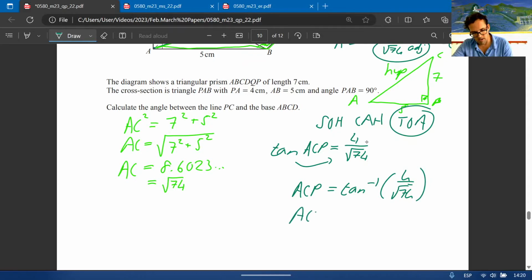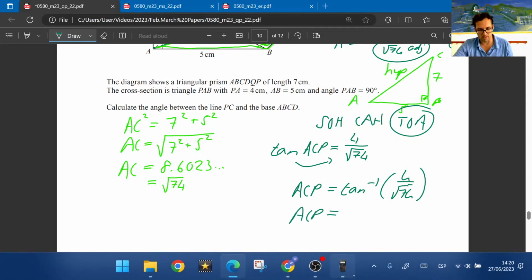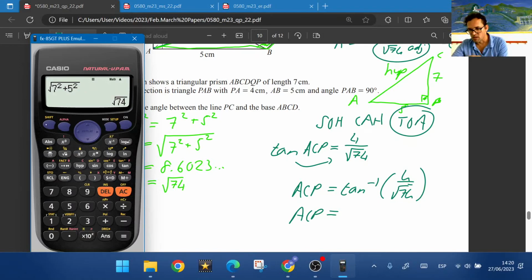Okay, so ACP, we just need to slot that into our calculator. Shift, tan, 4 at the top, square root 74, or 8.6023 if you like that more. Side arrow. A very accurate answer we got here, 24.937.